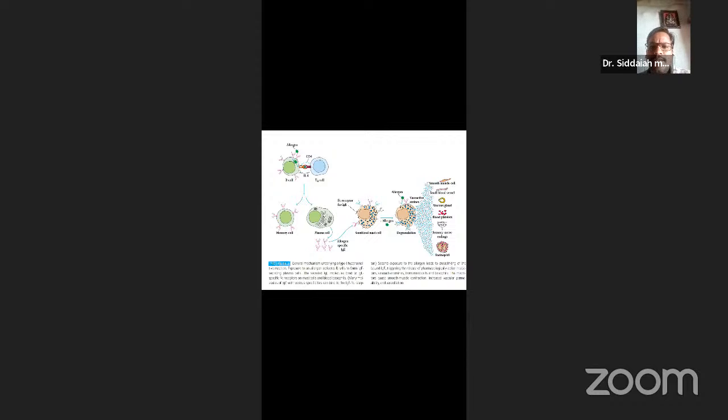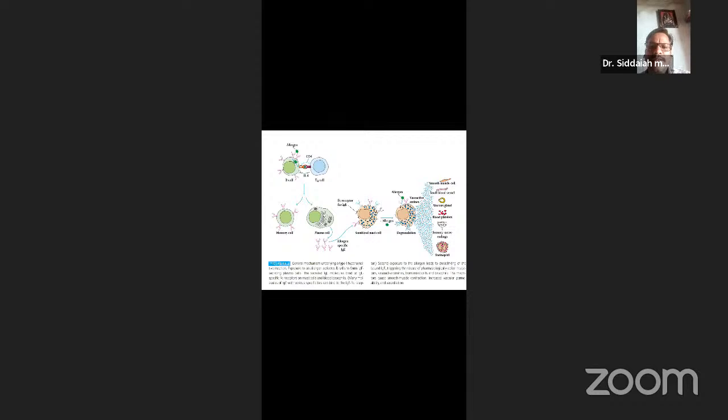This binding facilitates B cell differentiation into memory cells and plasma cells. Plasma cells produce specific antibodies for the allergen in the first reaction.